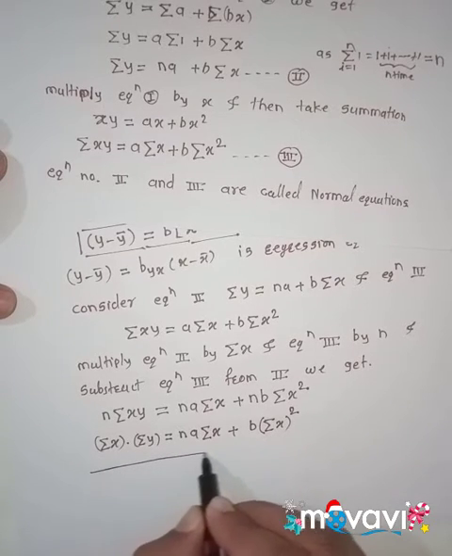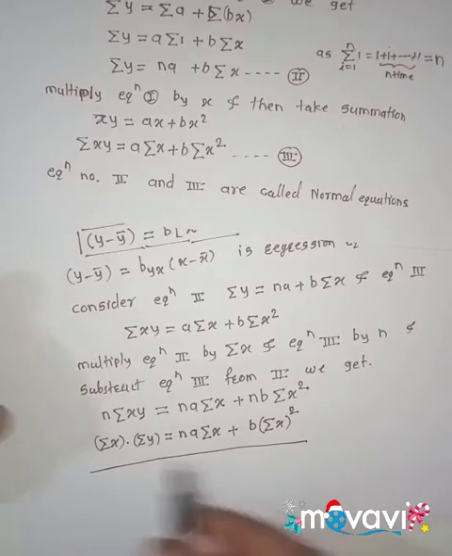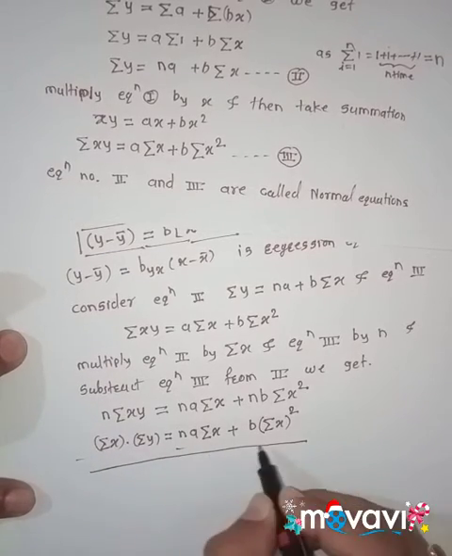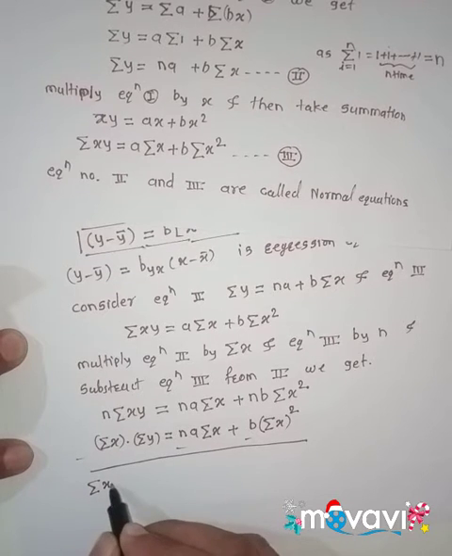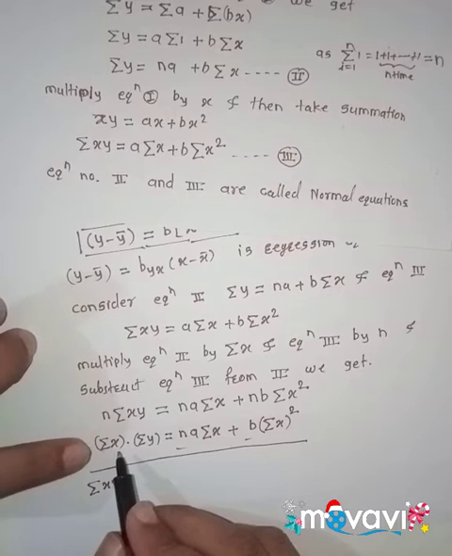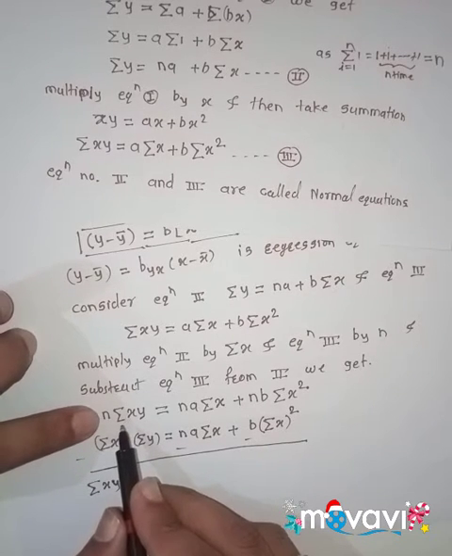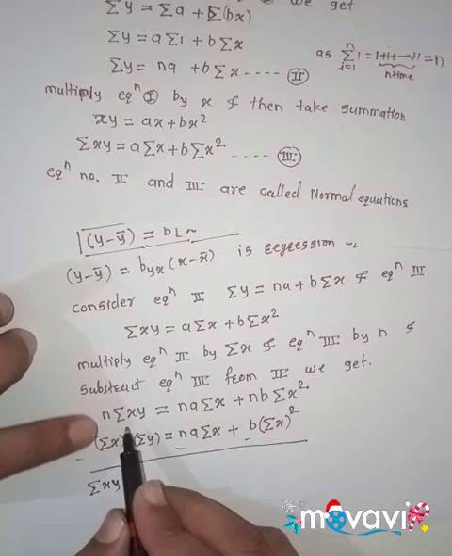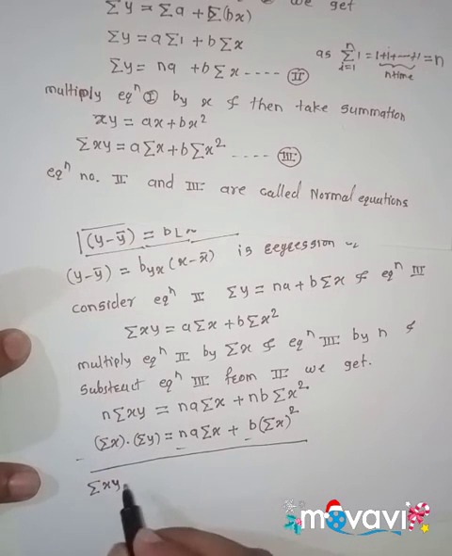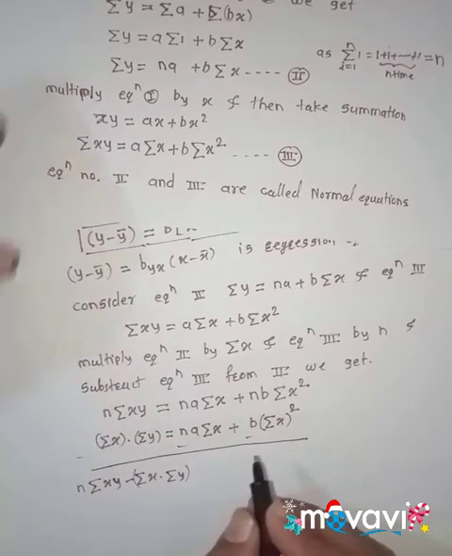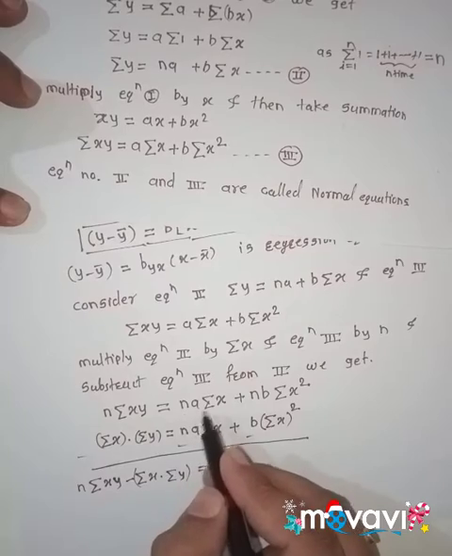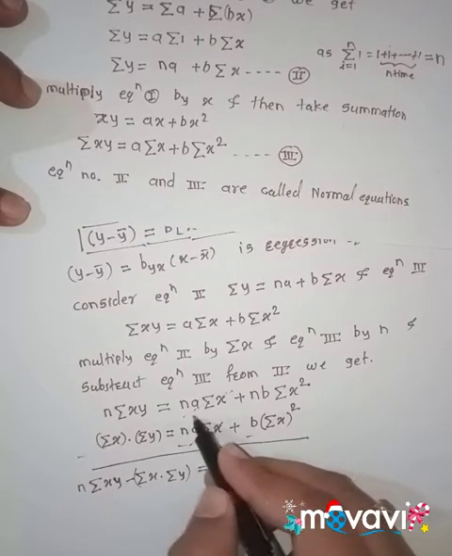Subtracting, we get n into summation xy minus summation x into summation y is equal to, this na summation x is cancelled with this na summation x.